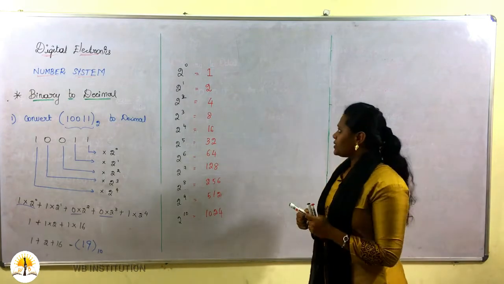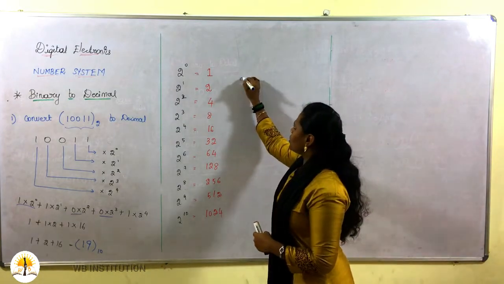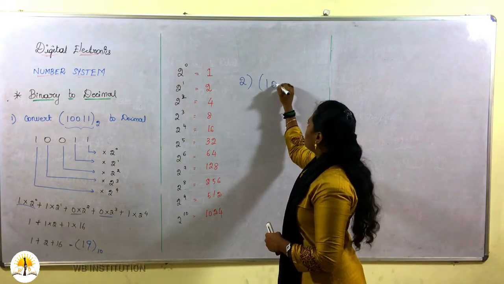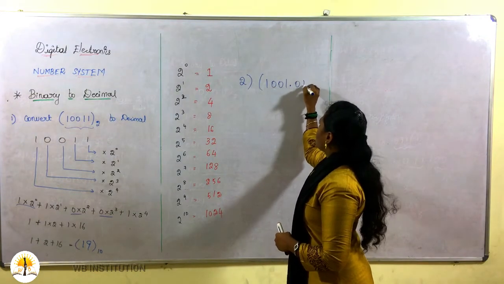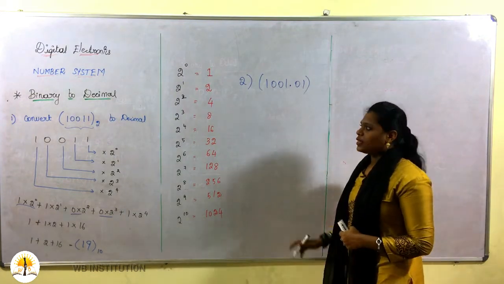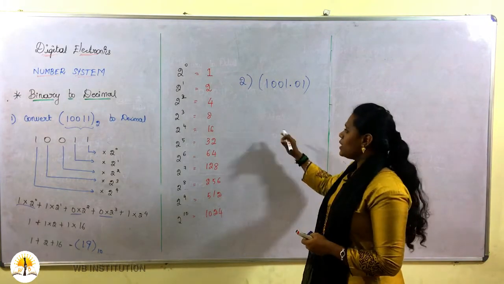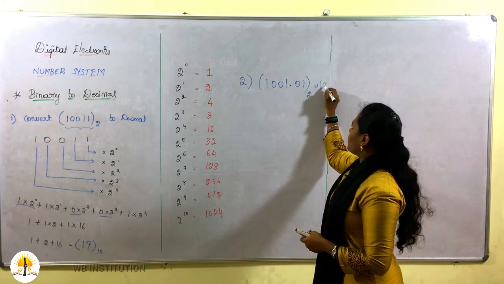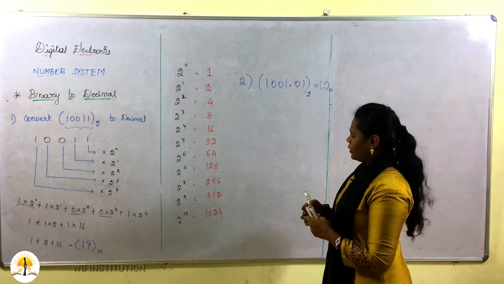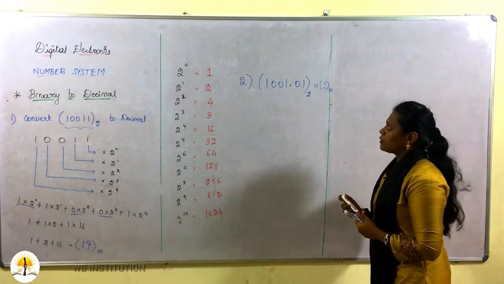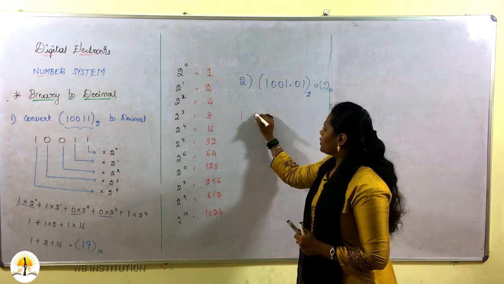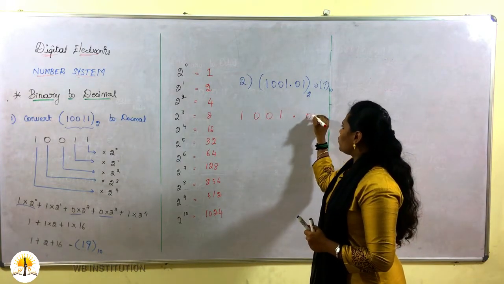The same thing, check here. Second question, for the decimal value. The decimal point is very, very important. This type of question will mainly be asked in your GATE exams. So take binary values like 1 0 0 1 0.1.